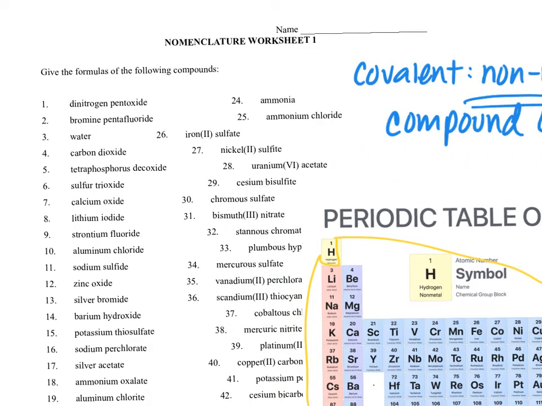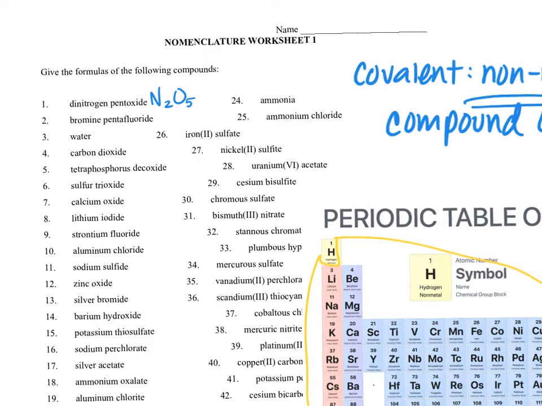The prefix tells you how many of each atom corresponds to that element. Di means 2, so dinitrogen means I have N2. In pentoxide, the pent means 5, so N2O5. So you need to know prefixes 1 to 10.